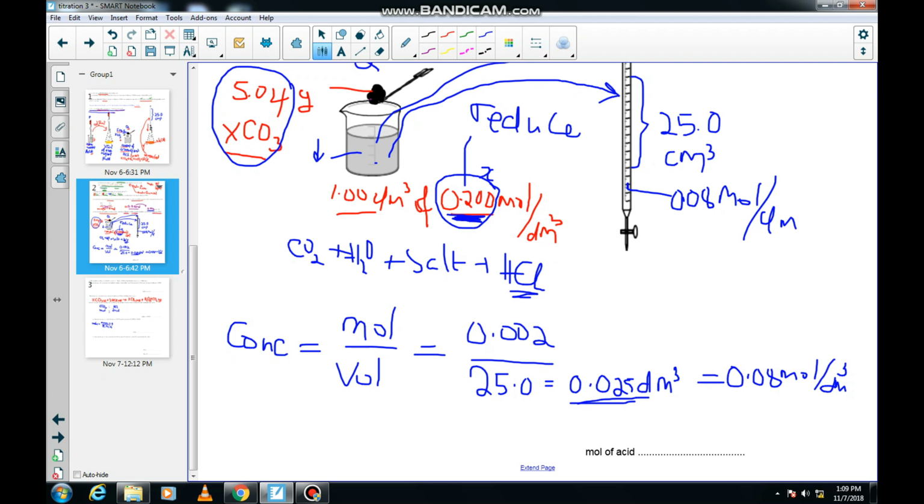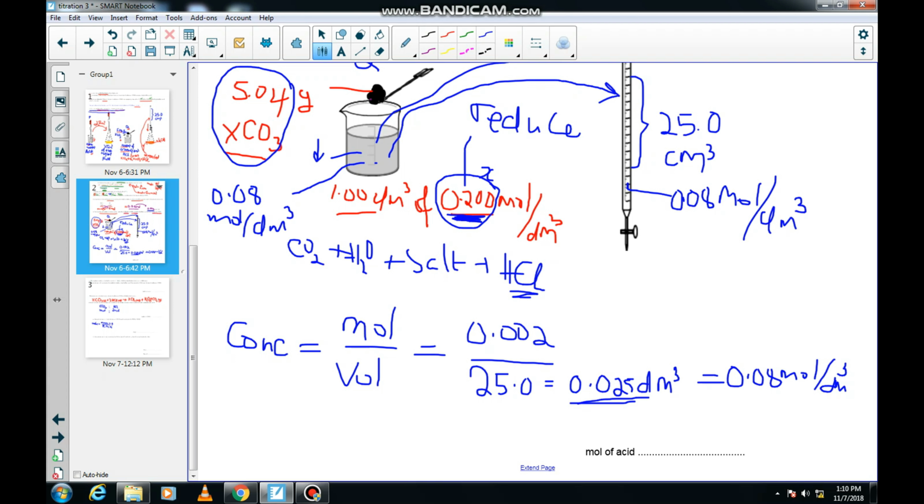And we have said the solution in the burette is obtained from the solution in the beaker here, and these two solutions have the same concentration, 0.08 moles per decimeter cubed.